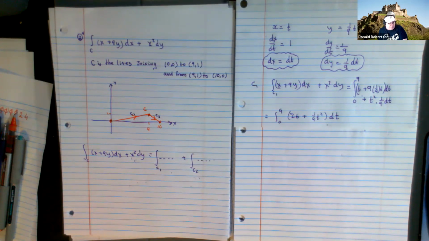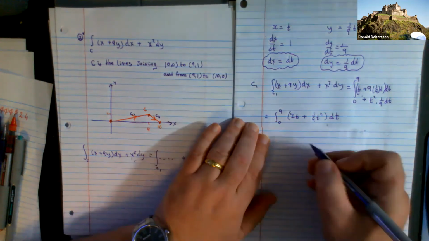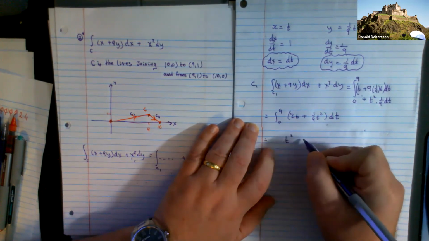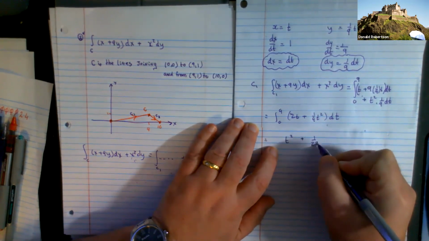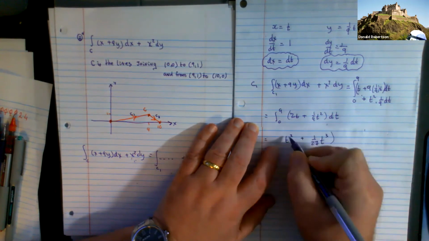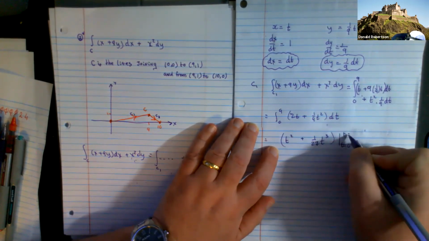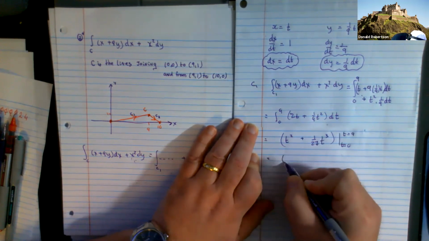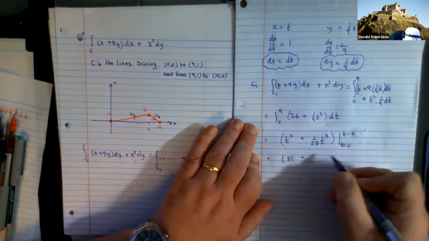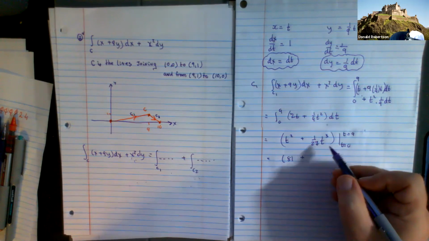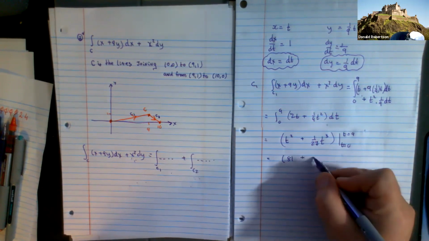Are we comfortable about all the pieces, where they're all coming from? If we are, then the next line would be t squared plus 1/27 t cubed evaluated from 0 to 9. So that would be 81. Yikes, oh, 9 gets a 3, oh, 27.